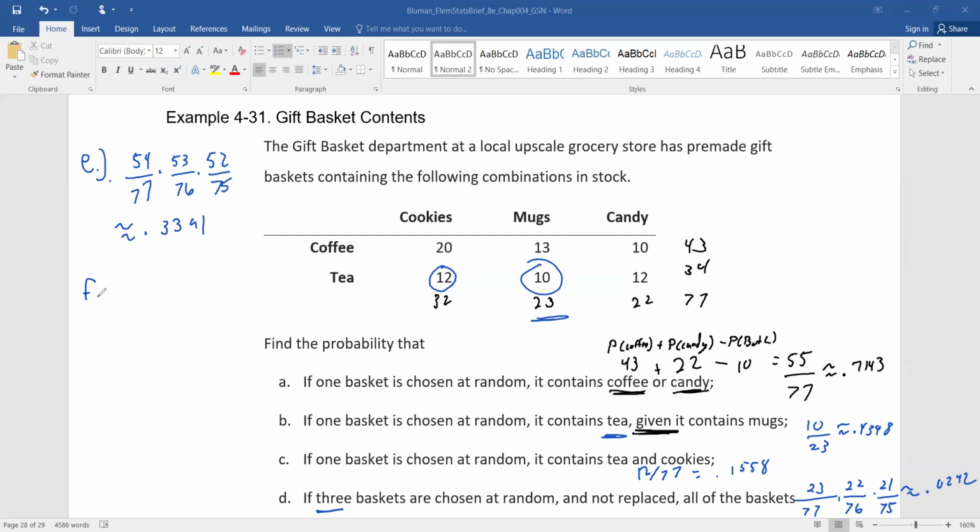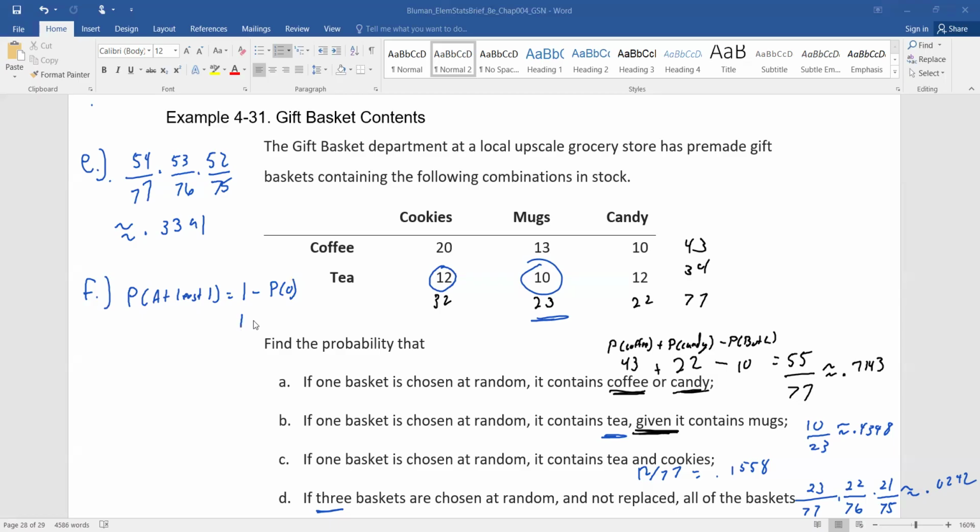Last question, part F. If 3 baskets are chosen at random, not replaced, at least one contains a mug. So this is at least one. So remember, the easiest thing to do is to find, so a probability of at least one is equal to 1 minus the probability of none. So what's the probability that none of them contain a mug? So if there's 23 that contain a mug, none of them would be 54.